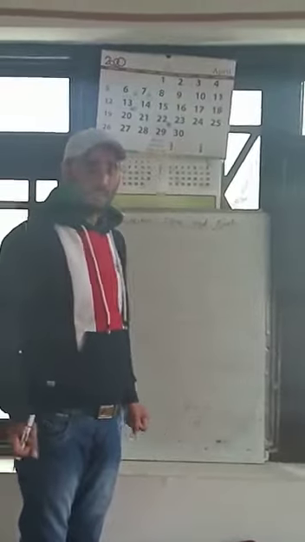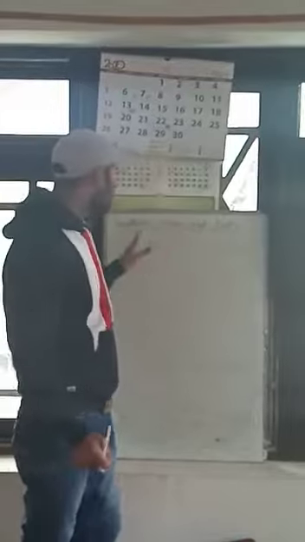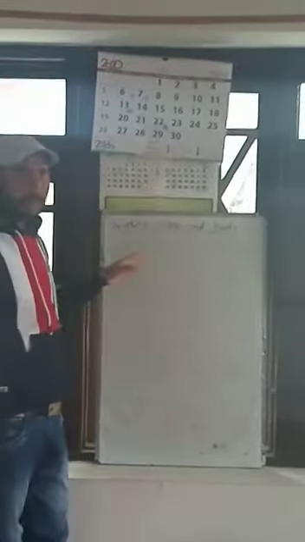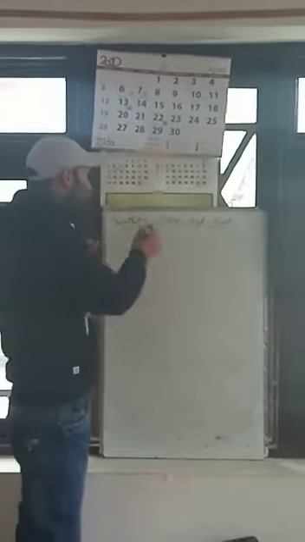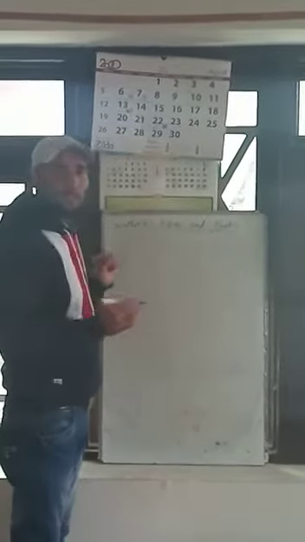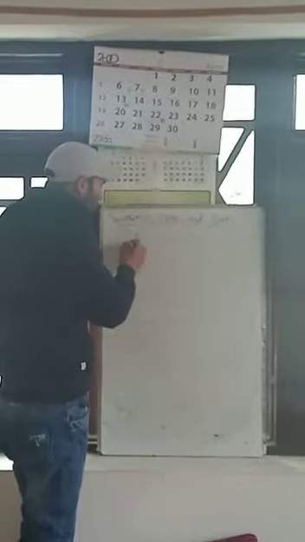Today we will take the third lesson of your science book, that is synthetic fiber and plastic. Synthetic, what does synthetic mean? Synthetic means which is made by humans, or man-made.